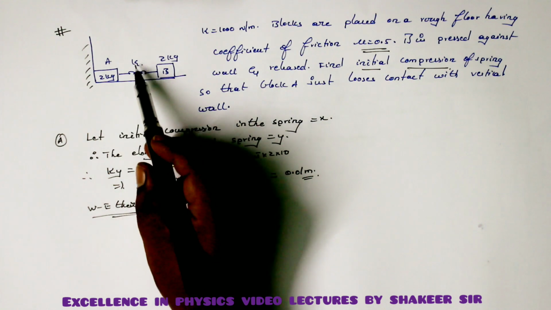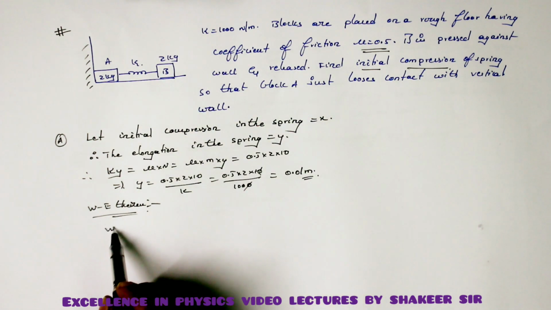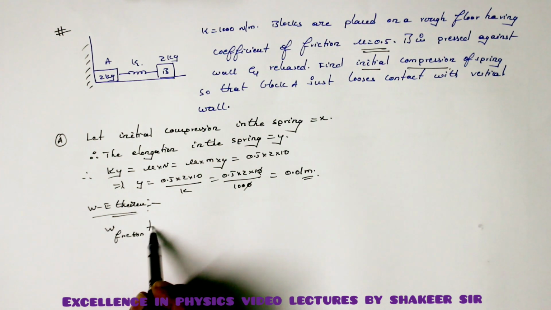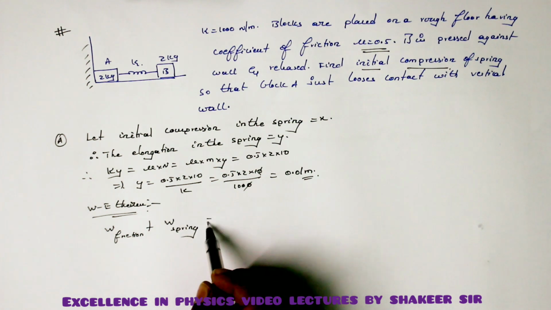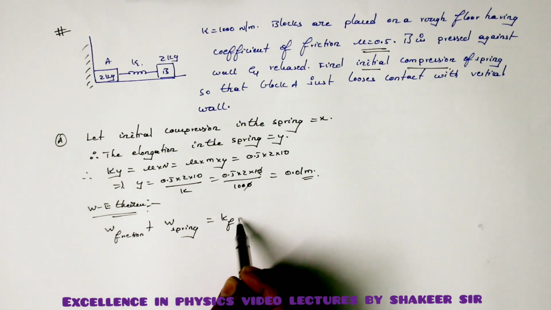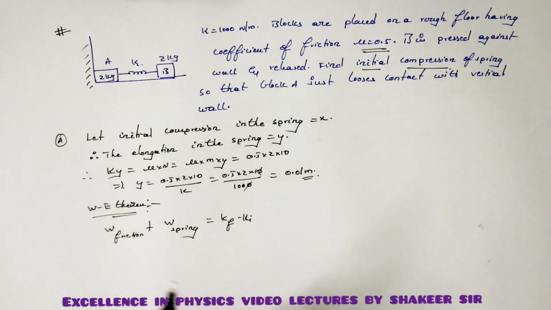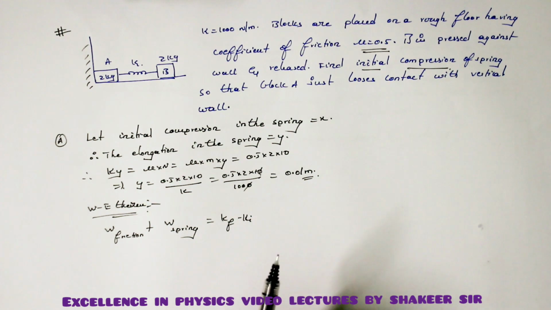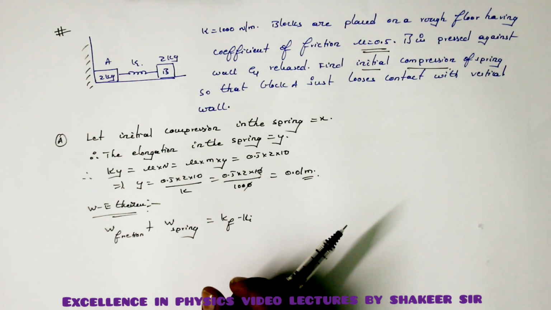Another force doing work is the spring. So I will write: work done due to friction plus work done due to spring should be equal to change in kinetic energy, K final minus K initial. K initial is 0 because it was in compressed position, and K final also must be 0.